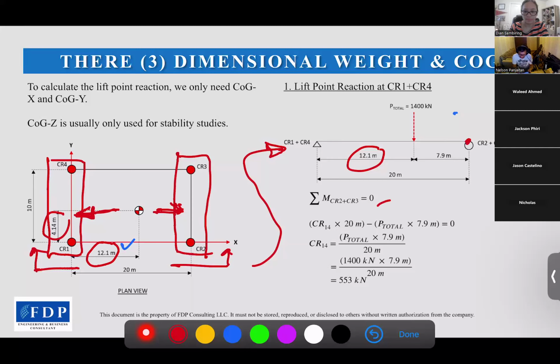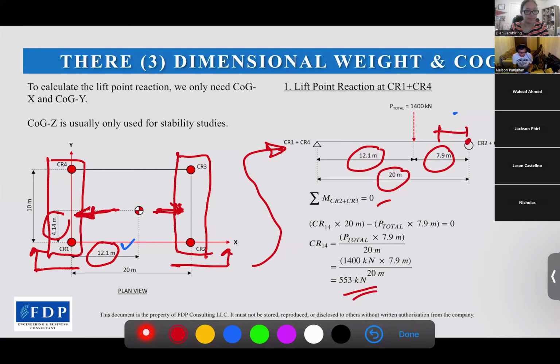It will be crane 1 4 times 20 meters, the distance to crane 2 plus crane 3, minus P total, or the total weight, times 7.9, the distance to crane 2 plus crane 3. So we got crane 1 4 equals 553 kilonewton.